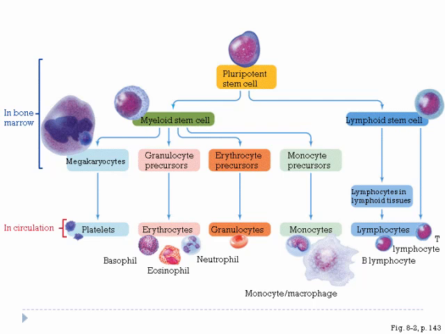Then from this myeloid stem cell, this cell can become something called a megakaryocyte. And a megakaryocyte can only become platelets. So once this cell has become a megakaryocyte, it can't become an erythrocyte, it can't become a neutrophil, it can't become a monocyte.